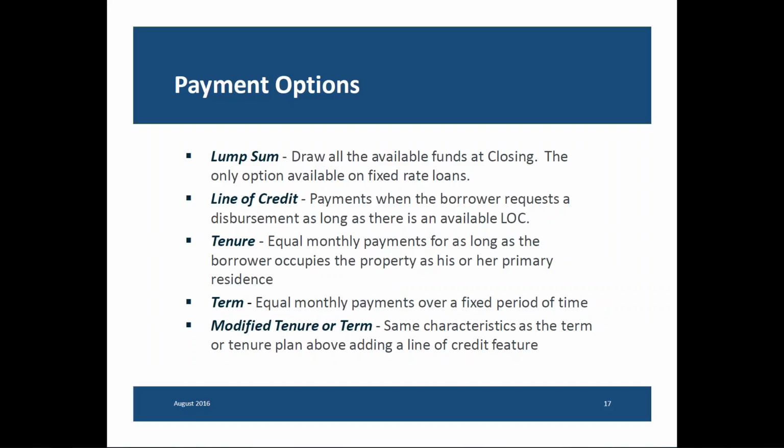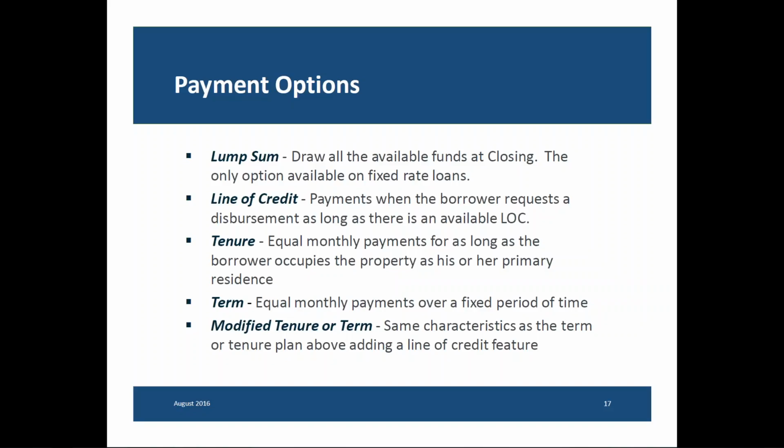A line of credit, when the borrower requests a disbursement, as long as there is available line of credit. Tenure, that's equal monthly payments for as long as the borrower occupies a property as his or her primary residence. Another option is term, equal monthly payments over a fixed period of time. So say, for instance, the borrower knows the next 3 years they've got perhaps a child's college education that they need to pay for, and they know every month it's going to cost them this much for the next 3 years.